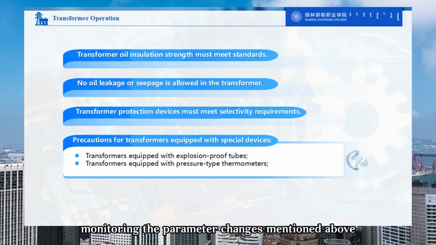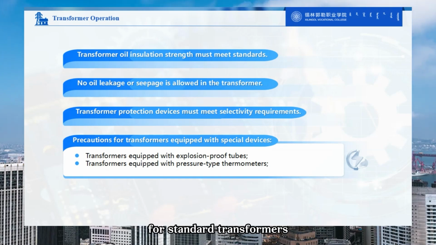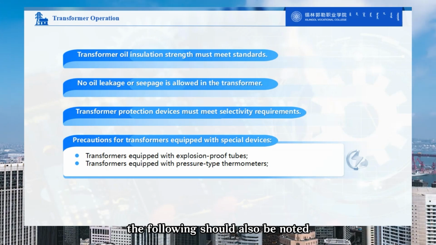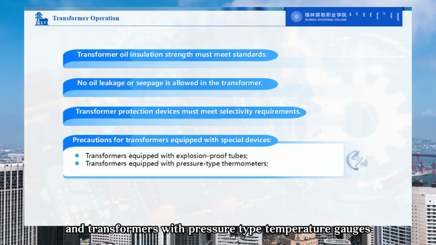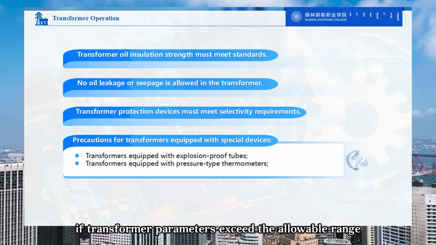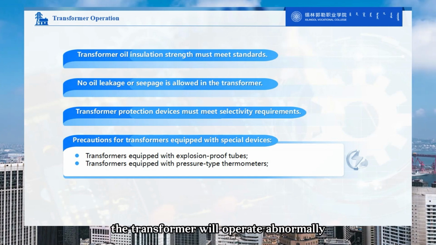Besides monitoring the parameter changes mentioned above for standard transformers, for transformers equipped with special devices, the following should also be noted, such as transformers with explosion vents and transformers with pressure-type temperature gauges. The protective devices of the transformer should meet selectivity requirements. If transformer parameters exceed the allowable range, the transformer will operate abnormally.